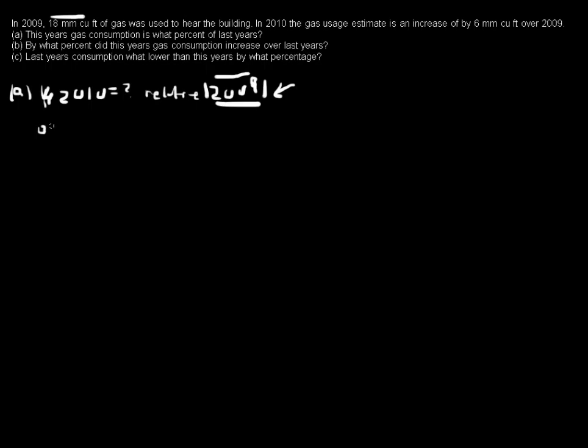So first let's find the percent increase. Percent increase is what? We increase by 6, start out with 18, times 100%, punch that in your calculator, and you get 33.3%.